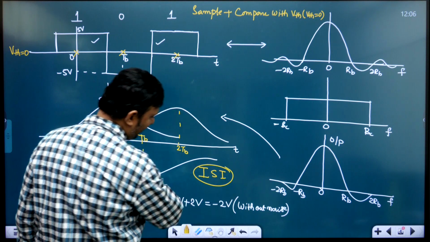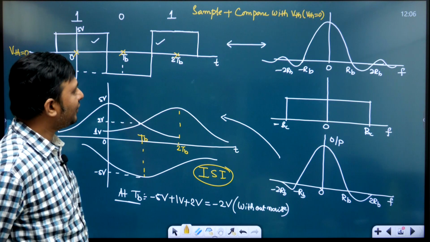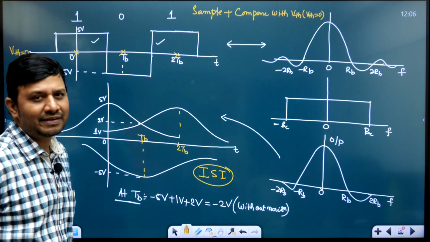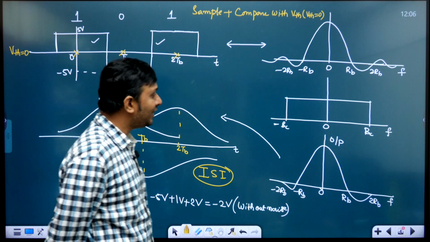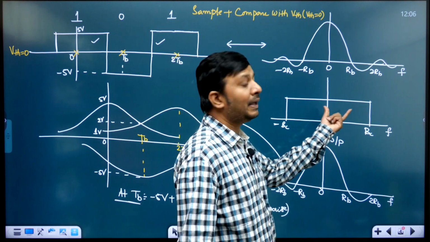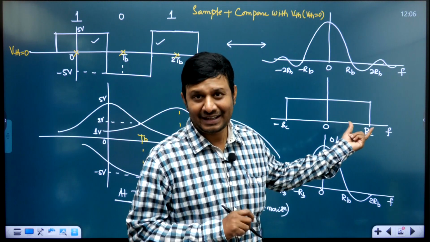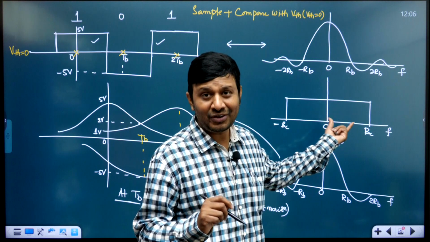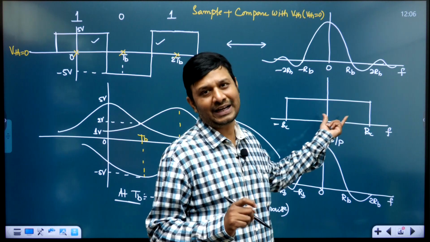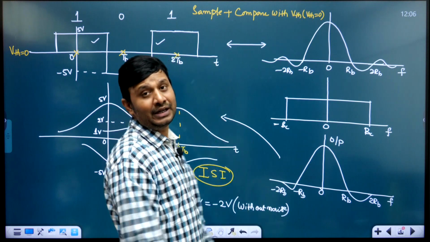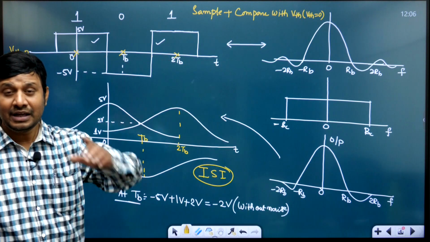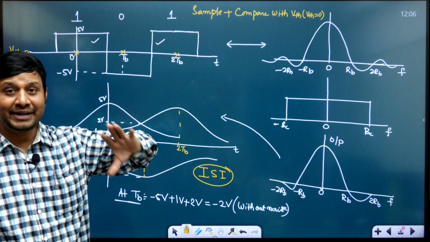And if I ask you why this intersymbol interference is occurring, it is occurring because of this band limited channel. Limited in band, limited in frequency, so band limited channel. So please remember, intersymbol interference is occurring because of the band limited channel.